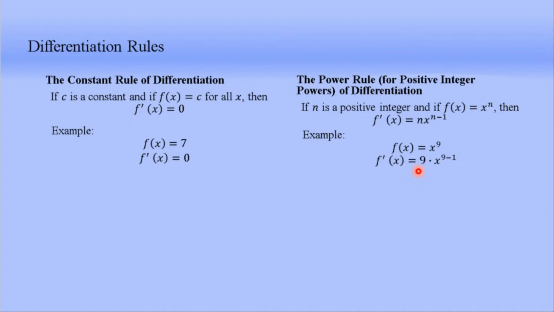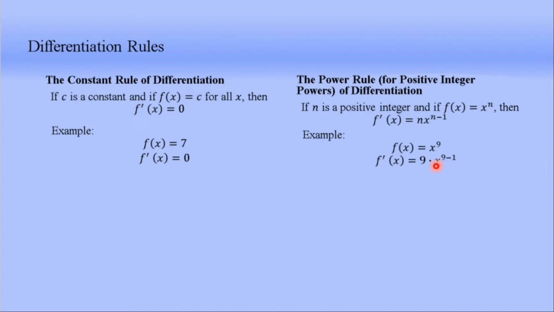And so what we're going to do is bring down 9 as a constant. So 9 times x. And then we're going to subtract 1 from 9.